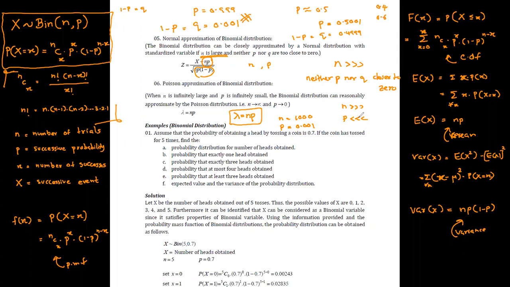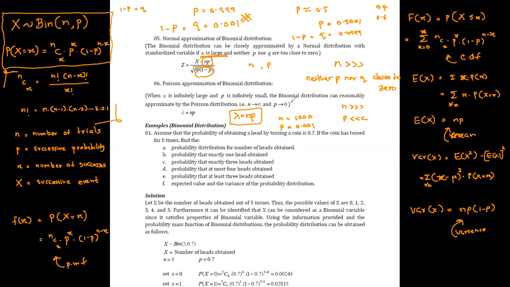In this situation, we can approximate our binomial distribution by the Poisson distribution. Here, I would like to say that the normal distribution is a continuous probability distribution, but the Poisson distribution is still a discrete probability distribution. Here it is mentioned that n goes to infinity, meaning n is a large value, and p goes to zero, meaning p is closer to zero or a very small value.